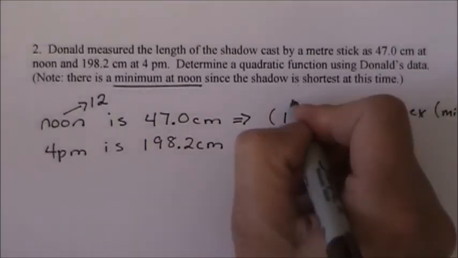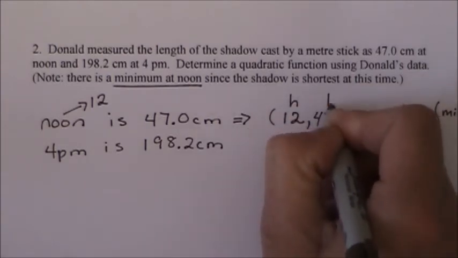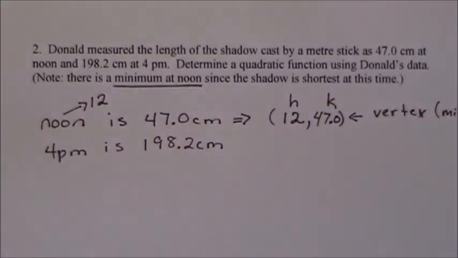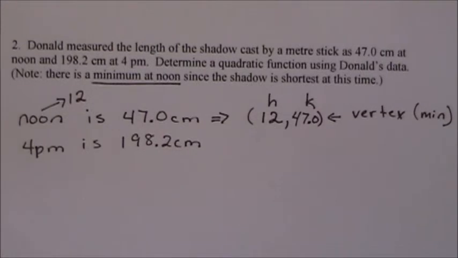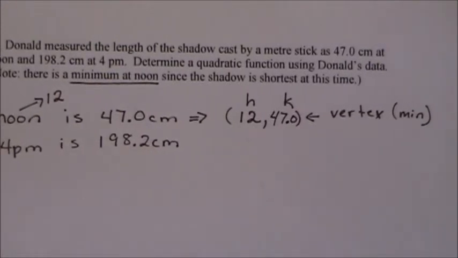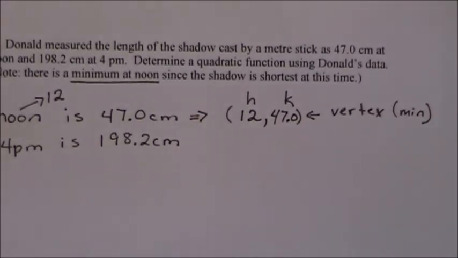And if we look at this, this would be our h value and this would be our k value. So what we have is the ability to use our vertex form, provided that we have another point. We do have some other information about our shadow.